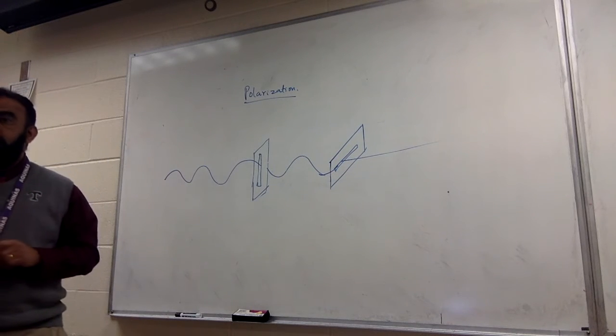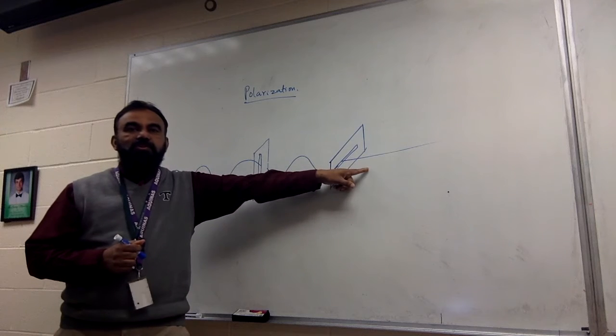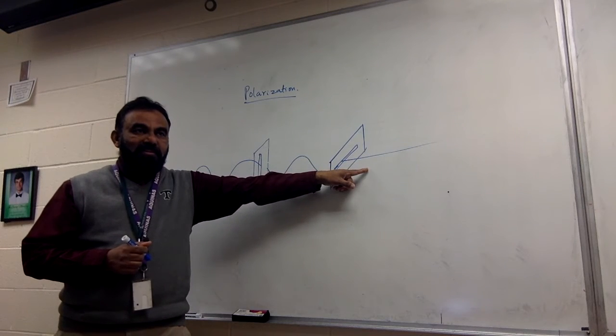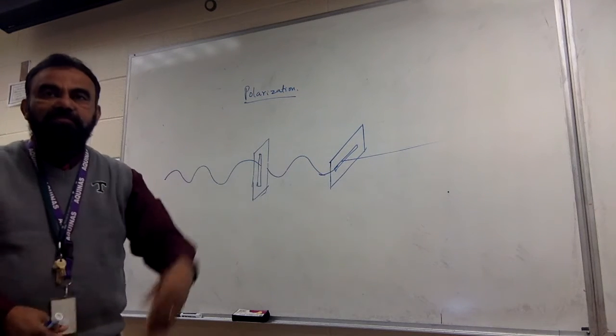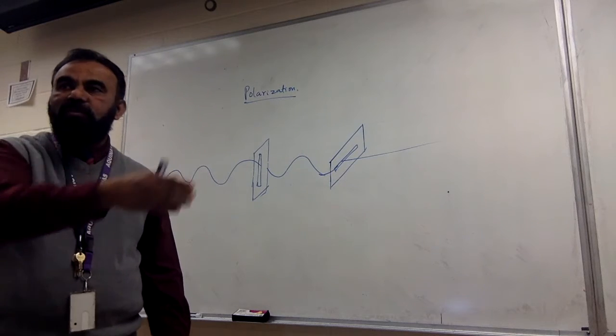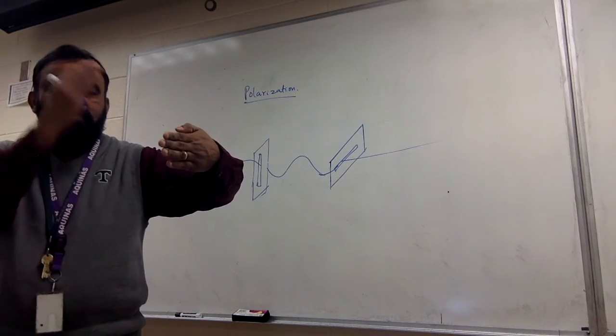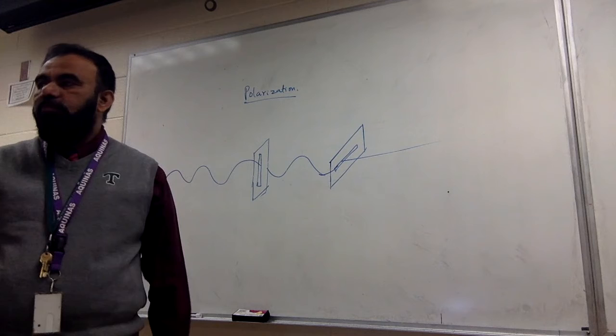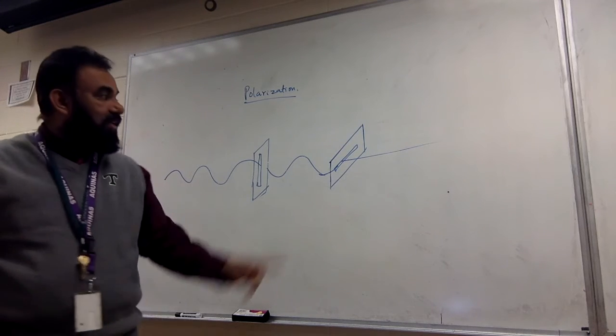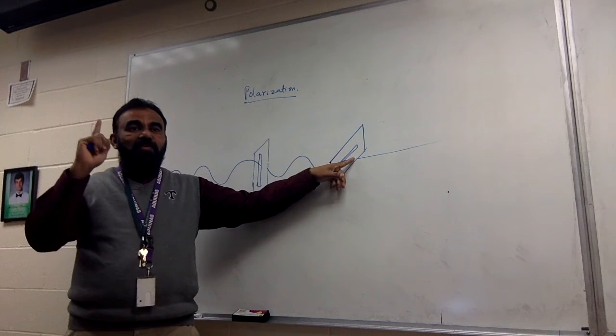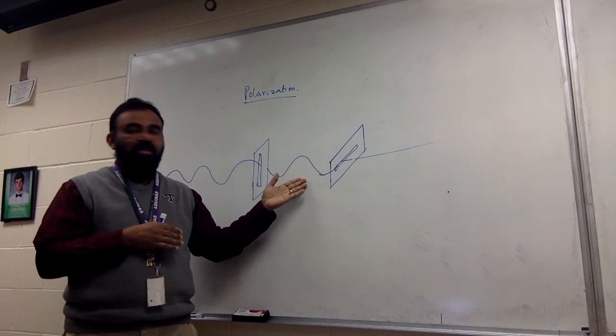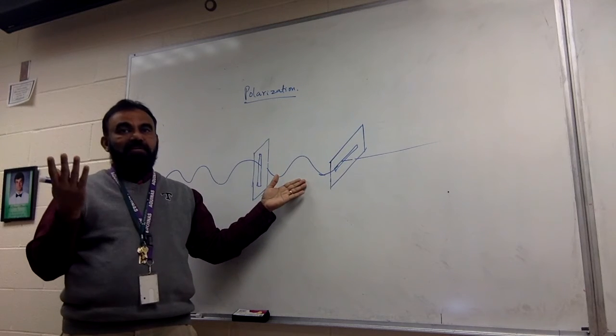They just get blocked. Nothing's going through. So a vertical slot lets the vertical waves pass through, but if there's a horizontal slot, the vertical waves will be blocked, because this one only allows horizontal waves to pass through, but what's coming through here is vertical.